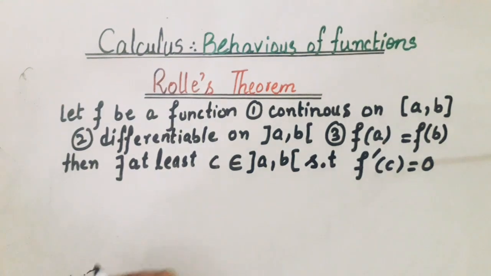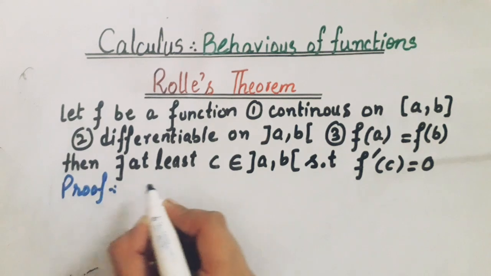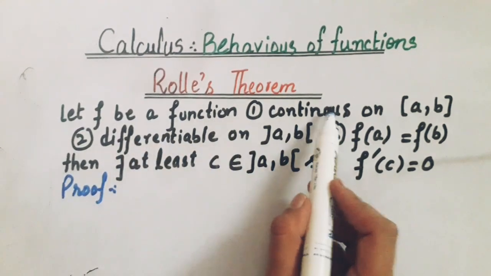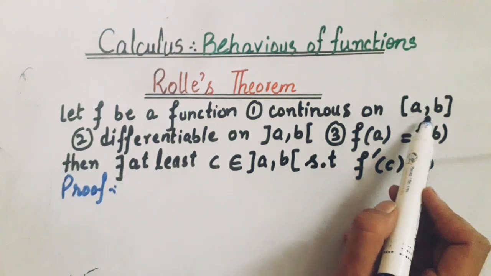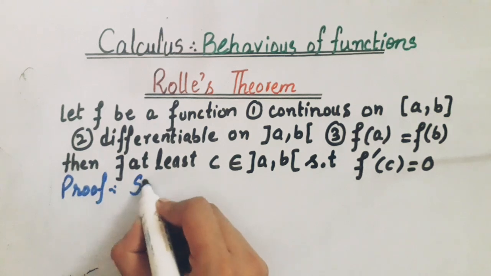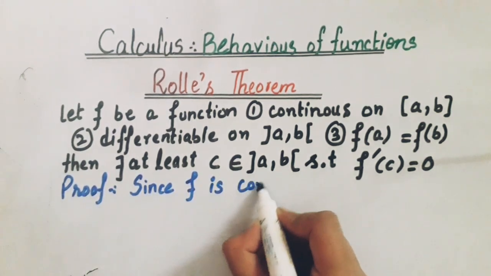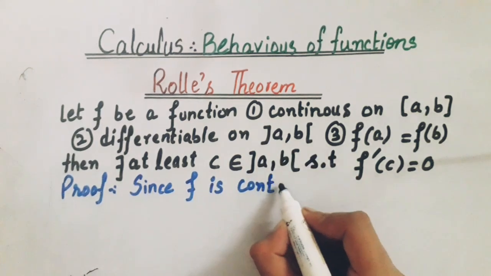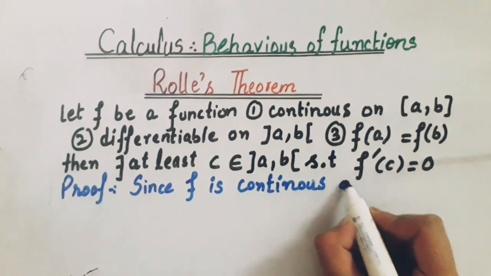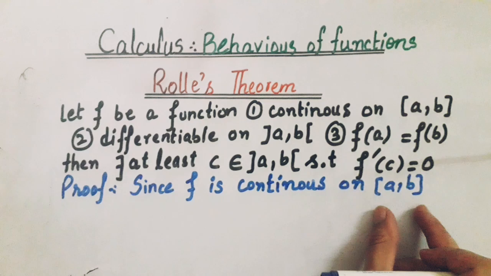So we will write that since f is continuous on the closed interval [a, b], since f is continuous, this is given in the statement. So we will write this again, that since f is continuous on the closed interval [a, b], and this is a closed interval.